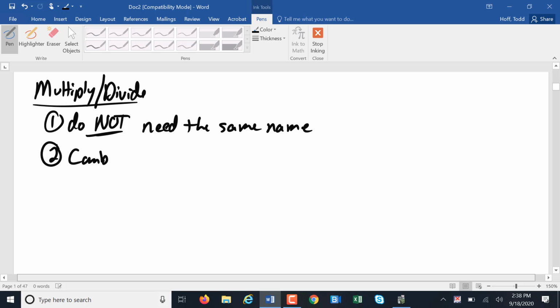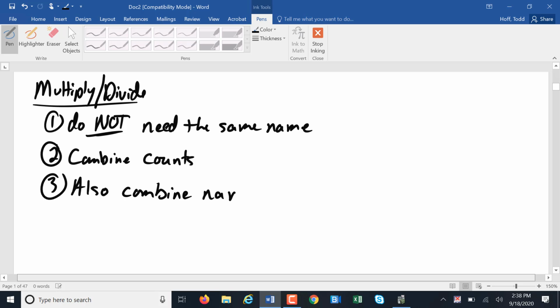Of course, we're going to combine counts like we do with every operation. And then we also combine the names. So we'll have to look at strategies for combining names when we do each of these.